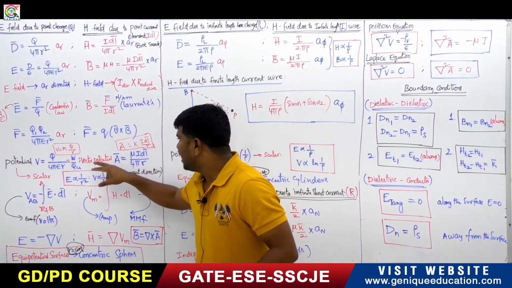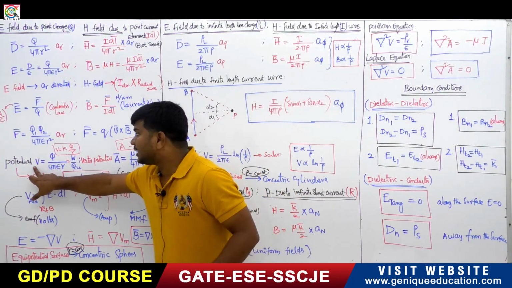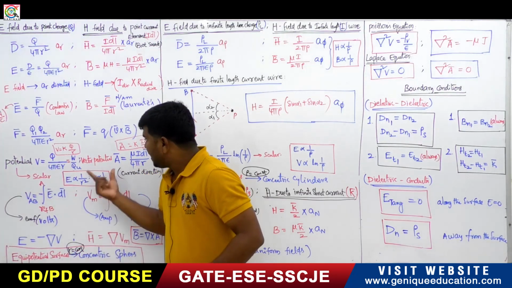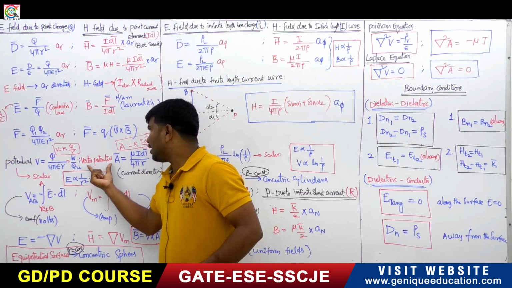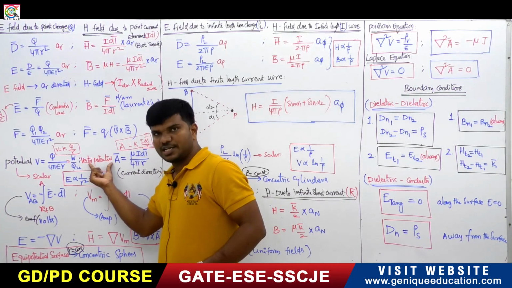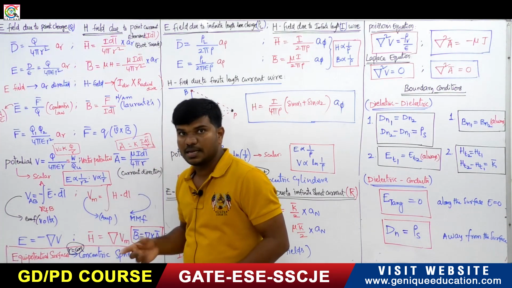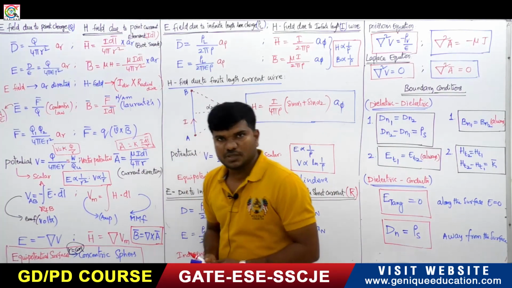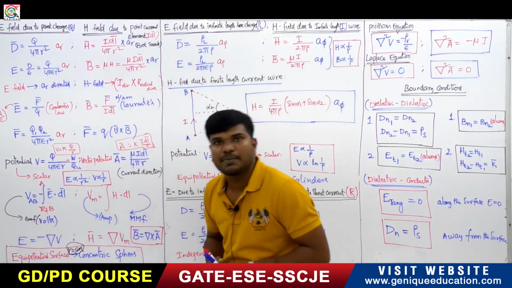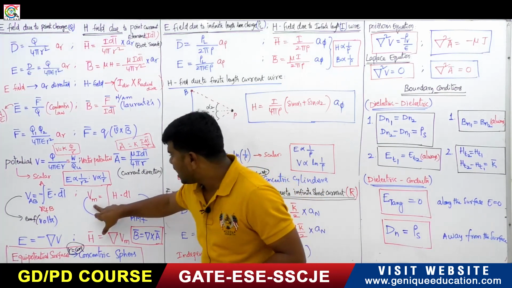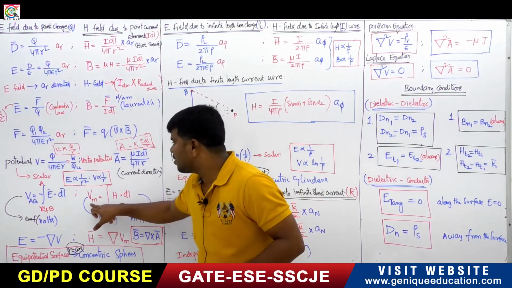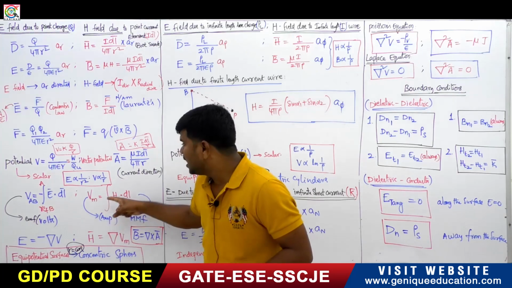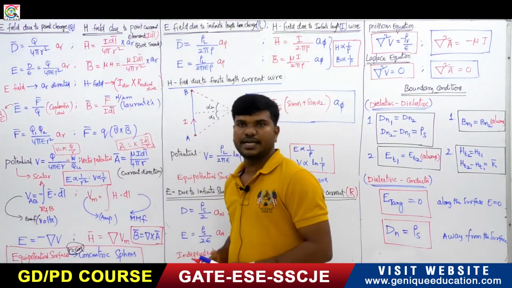This is an electric scalar potential, but what we have defined here is the vector magnetic potential. Similarly to this, I am defining one more potential here. I am writing Vm, the magnetic scalar potential, equal to integral H dot dl.